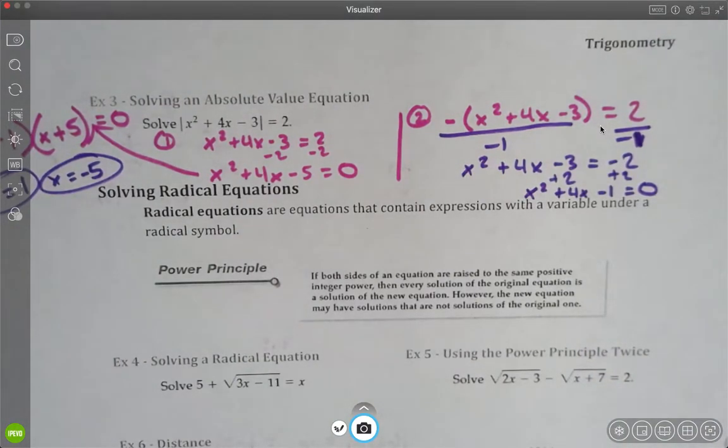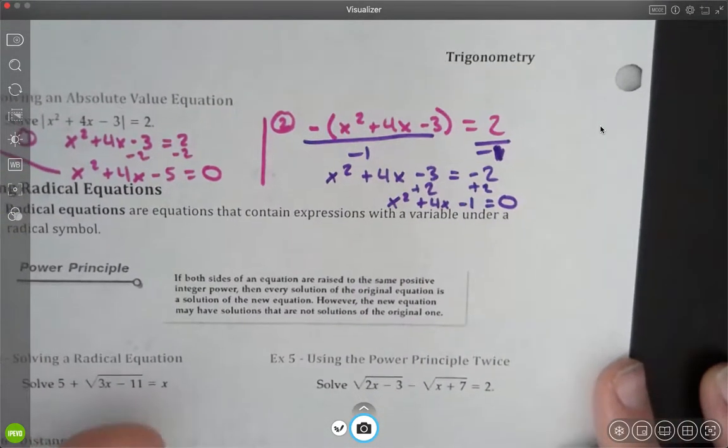Okay. Can we factor them down? Well, we multiply to get negative 1, but we add them to be 4. So what do we have to do instead? Quadratic formula.